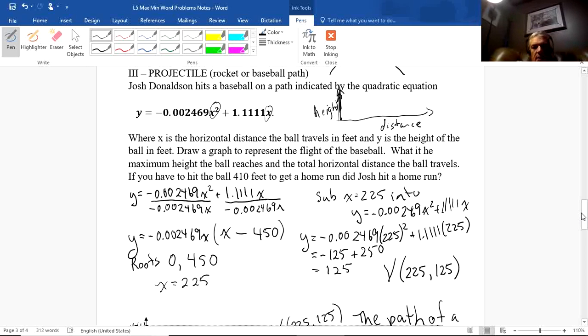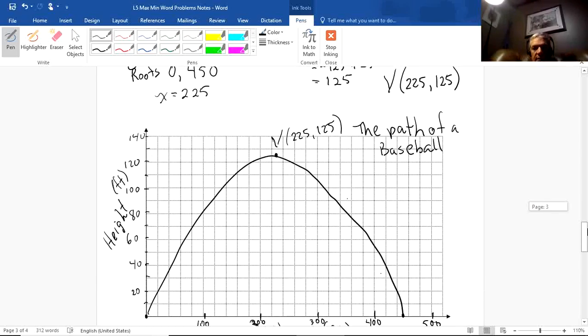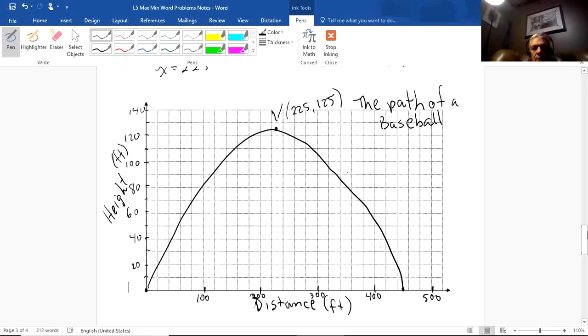That seems to be typed in there wrong. I'll have to correct that. But so what's the maximum height the ball reaches and the total horizontal distance? And then did he actually hit a home run? Well, we can see this. What's the height the ball reached? Well, the ball reached a maximum height of 125 feet, and it traveled 450 feet, which was long enough to be a home run.